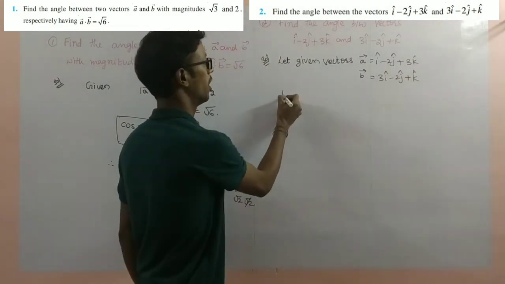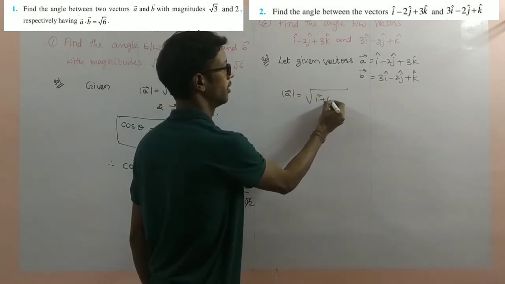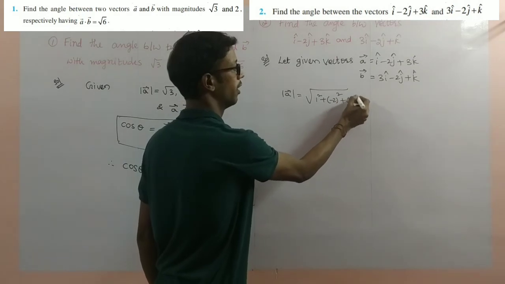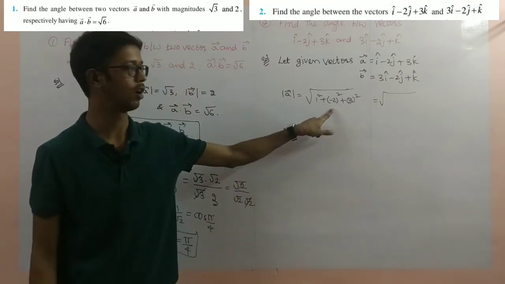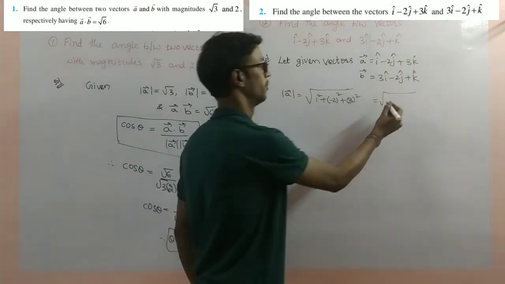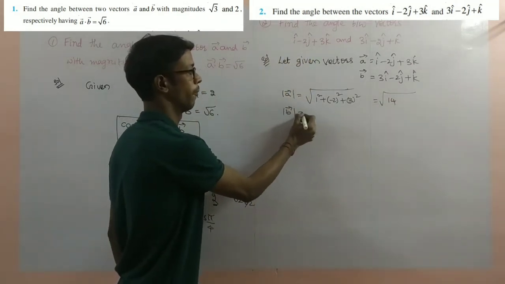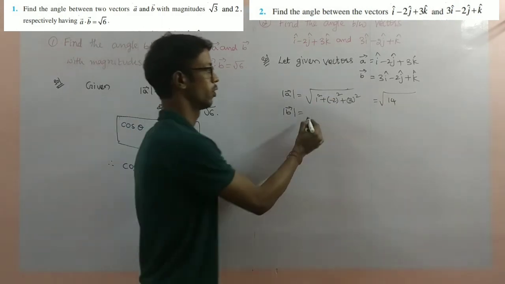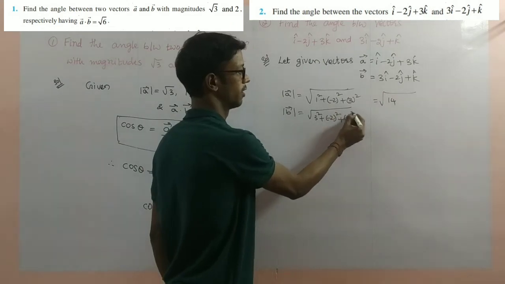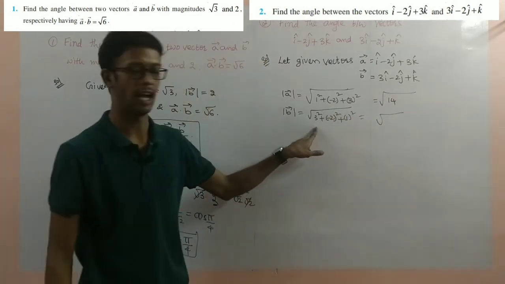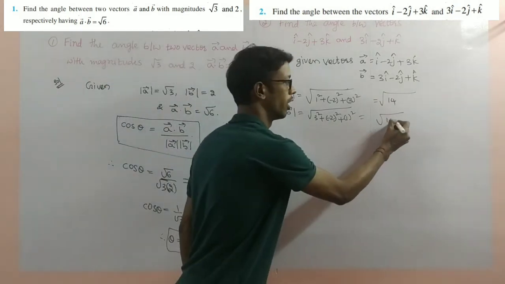What is the magnitude of A bar here? Square root of 1 square plus minus 2 whole square plus 3 square. This is 1 plus 4 plus 9, that is 14. Next, magnitude of B bar is square root of 3 square plus minus 2 whole square plus 1 square. 3 square is 9, 9 plus 1 is 10, 10 plus 4 is 14, so root 14.